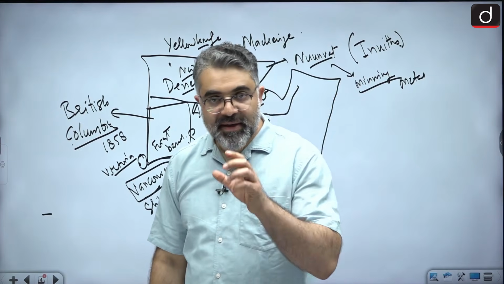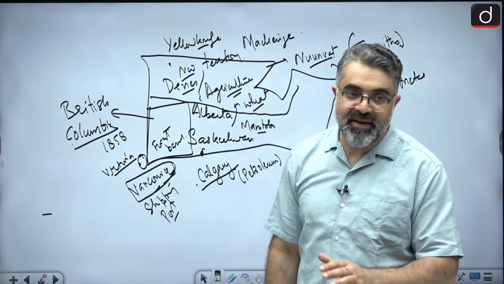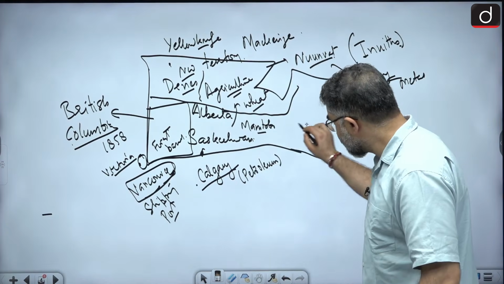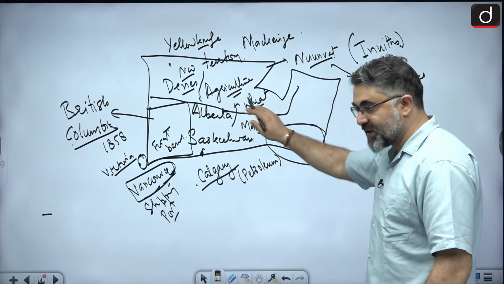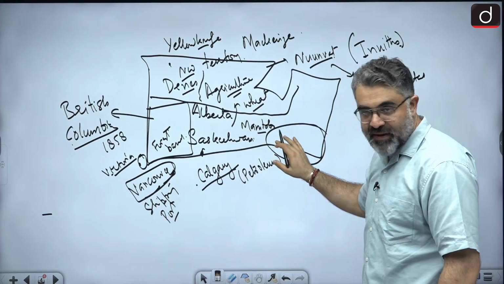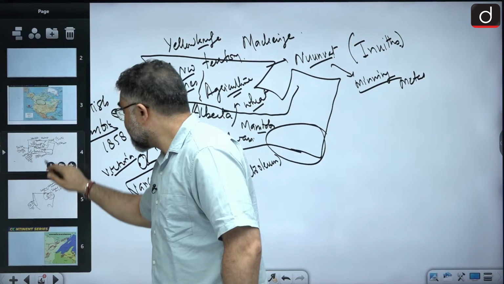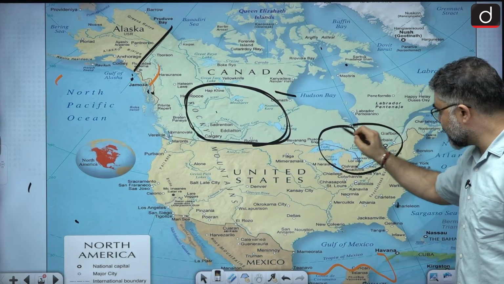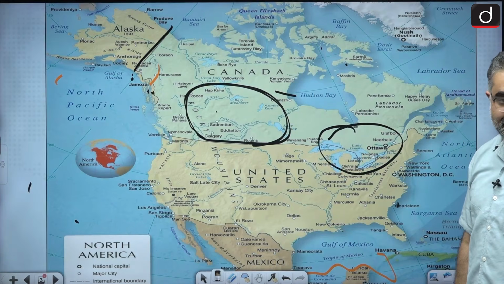Then come the main industrial centers, the main industrial regions of Canada, in the eastern or southeastern part of Canada, very close to the Great Lake regions.